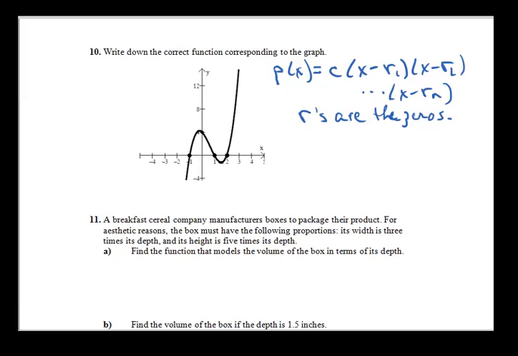So in this case, you have zeros at negative 1, 1, and 2. So you know that this function is going to be c, we don't know yet what the constant is, but then x minus negative 1, which is x plus 1, times x minus 1, times x minus 2.